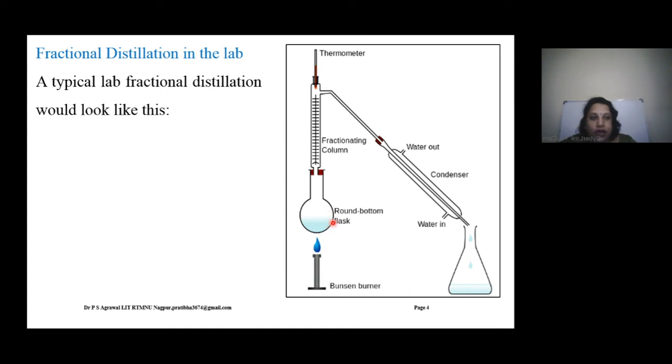Finally, what is the point of packing? To make the boiling, condensation, reboiling process effective, it has to happen over and over again. So to give a large surface area inside the column, maximum possible contact between the liquid and the hot rising vapor should be ensured.